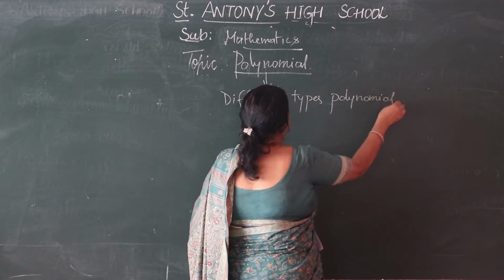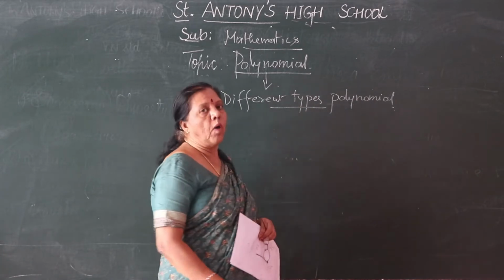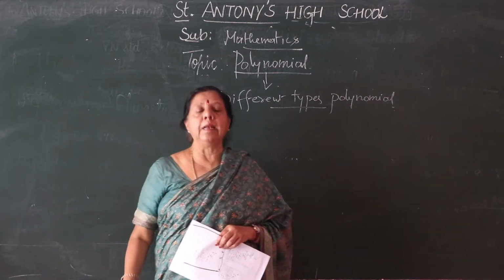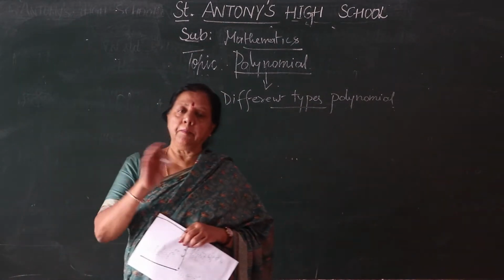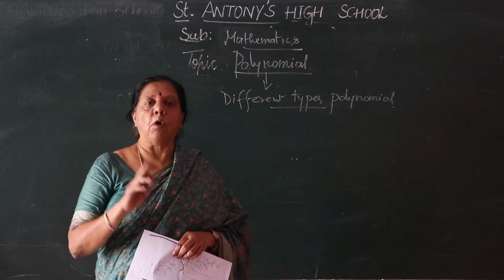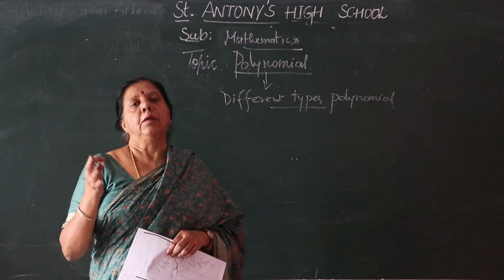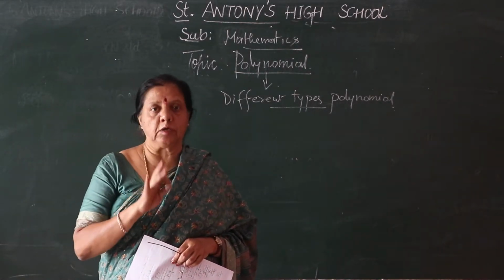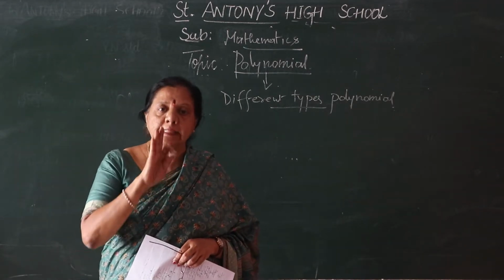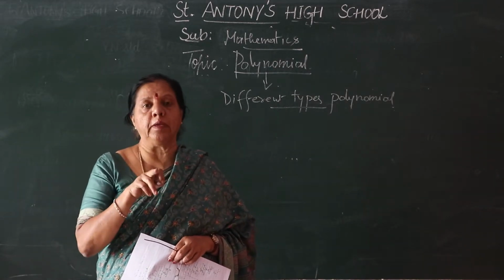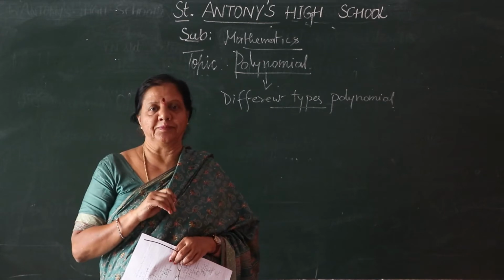I told you monomial, binomial, trinomial and polynomial. Monomial is a single term, binomial has 2 terms, trinomial has 3 terms, and polynomial has a number of terms.